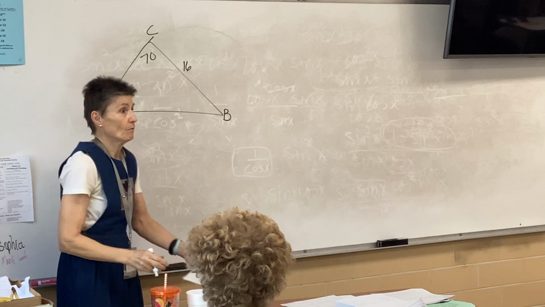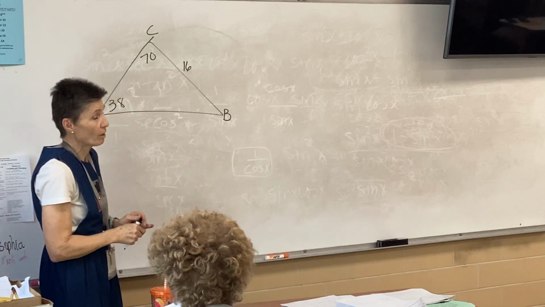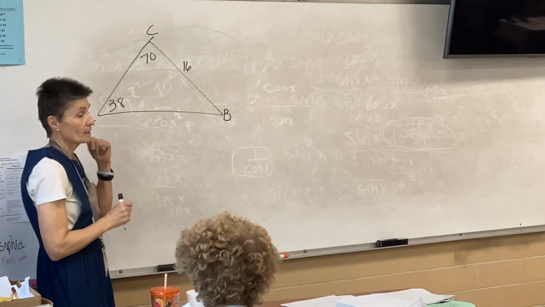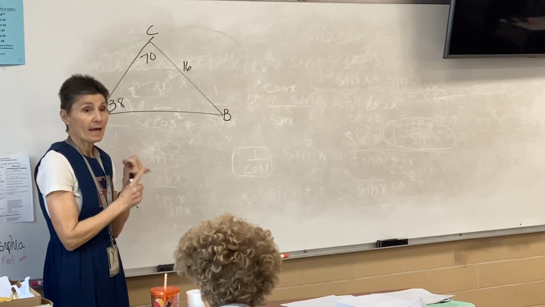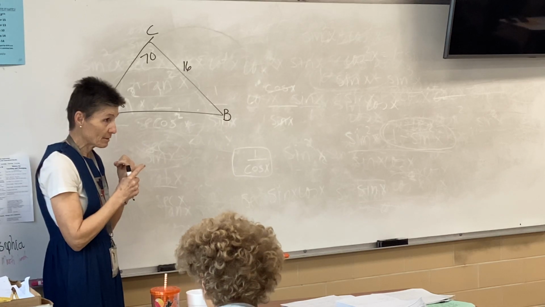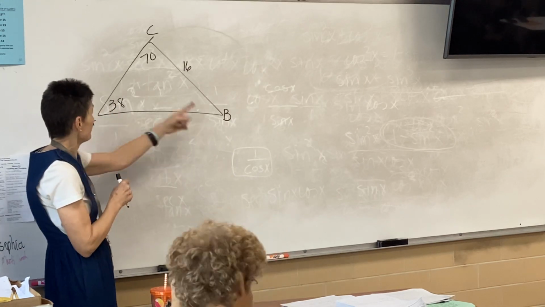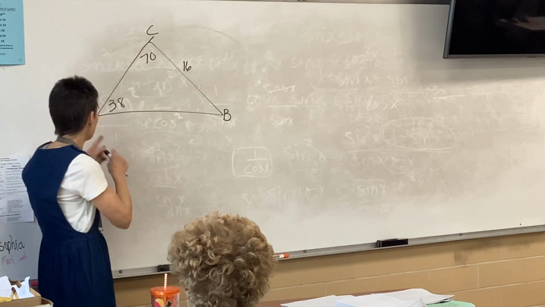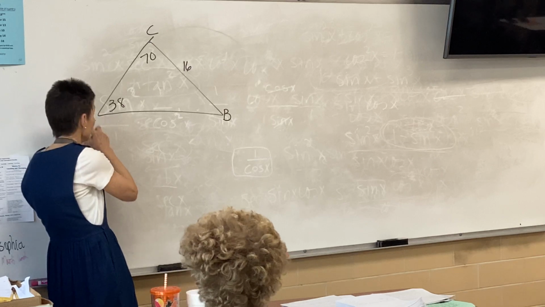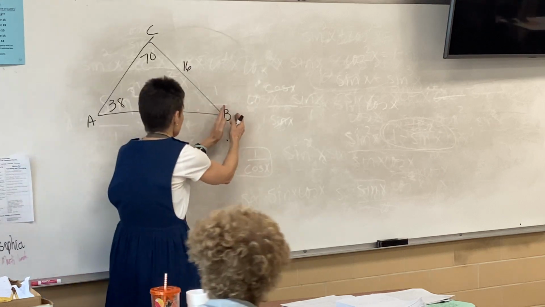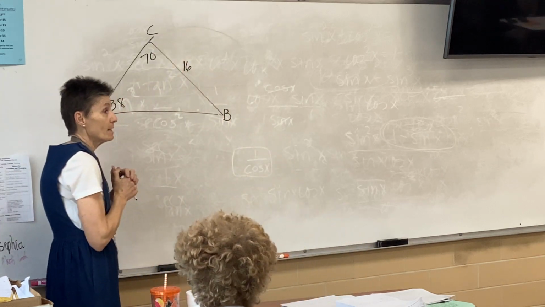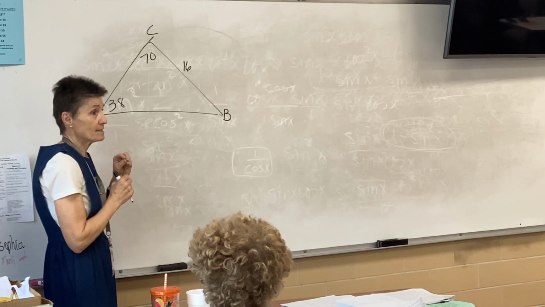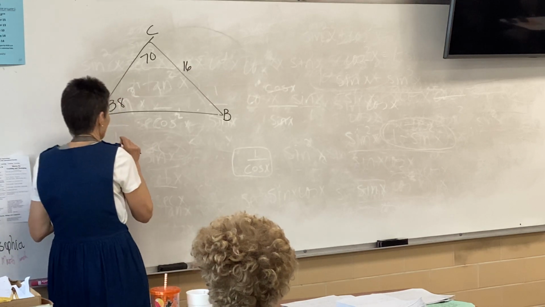All right, so first of all, when I label a triangle, the angles get capital letters, A, B, C. And notice I label them outside the triangle. So A is out here, B is out here, C is there, okay? And the sides get lowercase letters.